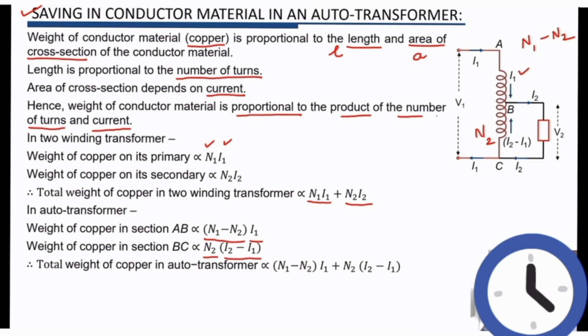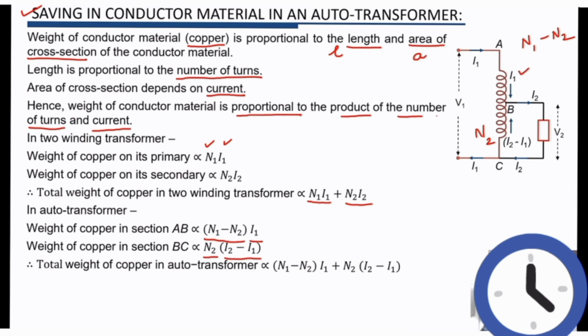Let's discuss how the auto transformer saves a large amount of copper when compared to the two winding transformer. In order to know the weight of the conductive material, that is copper, we have to know the length of the copper wire as well as the number of turns present in it. The weight is directly proportional to its length, and the length is directly proportional to the number of turns in the coil.